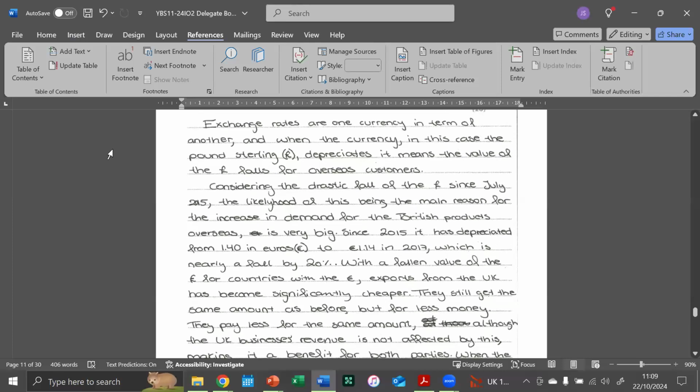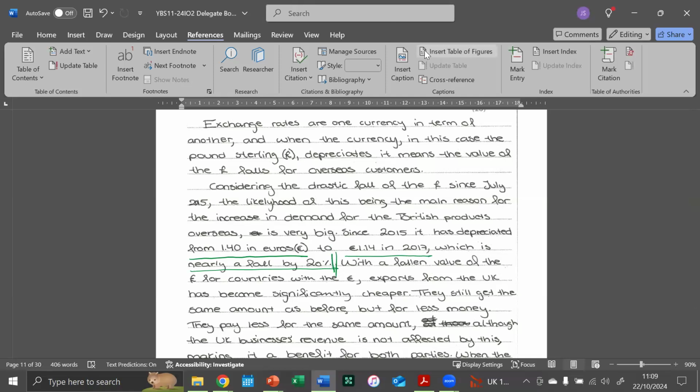This bit here, where we've gone from 1.4 euros to a pound, to 1.14 euros to a pound, which is a fall by nearly 20%. How many students do that? Or do students just say, oh, they're telling me there's a depreciation, so I'm going to go into automatic pilot and talk about what happens when there's a depreciation? This person's actually thought about the size and the scale of the depreciation.